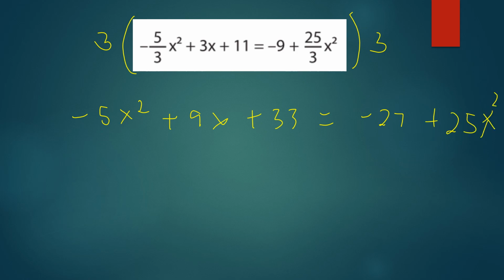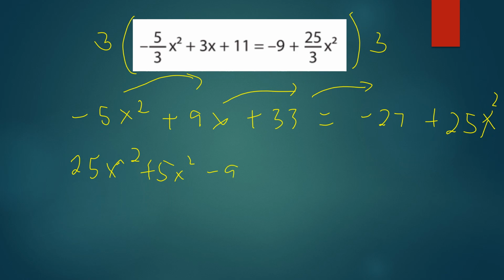So we want our a to be positive, so let's just transpose everything here to that side. So we will have here 25x squared minus 5x squared. Oh, it becomes positive now because you transfer it to the other side.